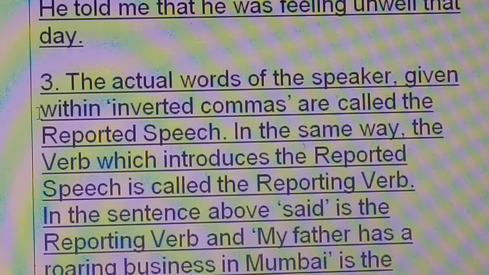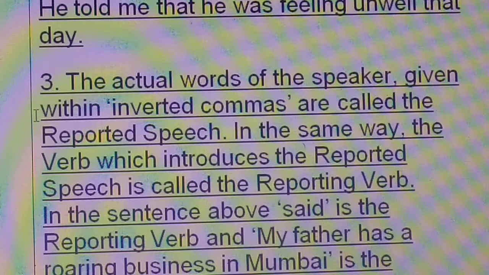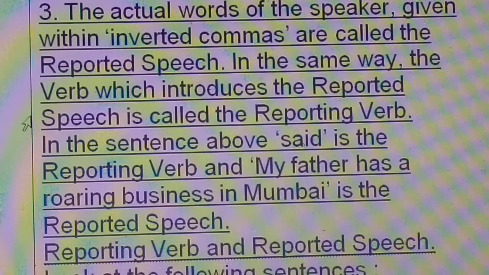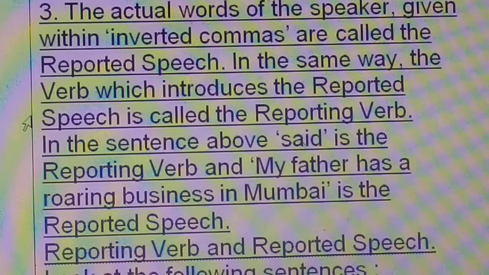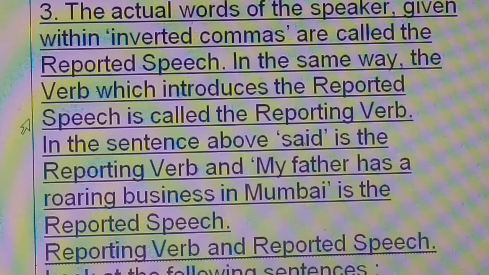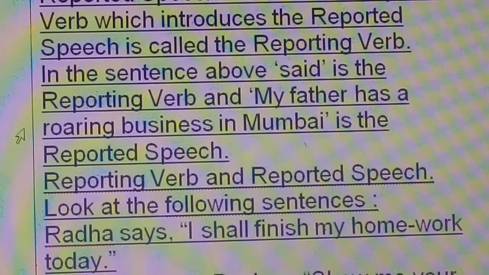In the same way, the verb which introduces the reported speech is called the reporting verb. In the sentence above, said is the reporting verb and "my father has a roaring business in Mumbai" is the reported speech. Reporting verb and reported speech.